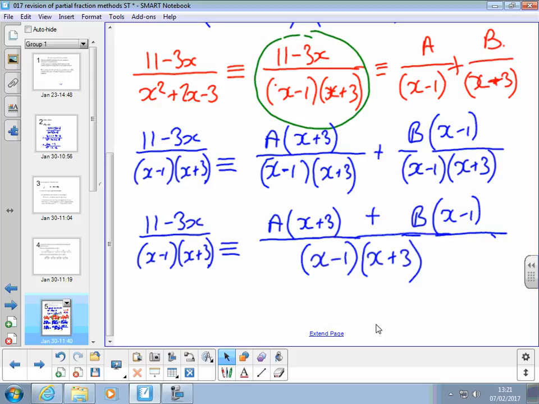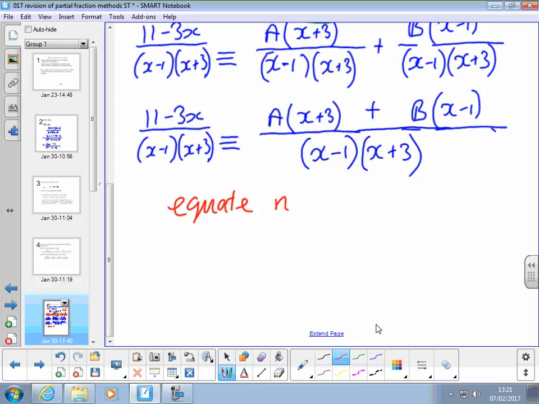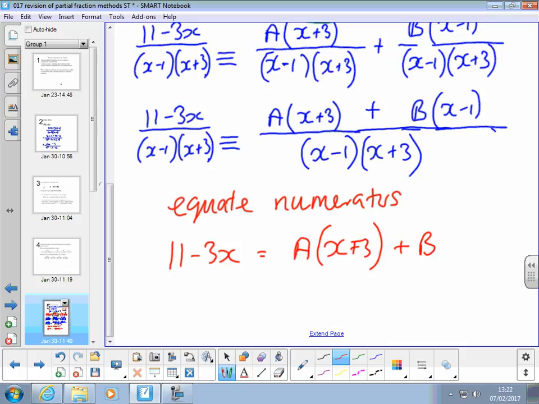That must be true, mustn't it? So what we do is equate the numerators. We say the left-hand side and the right-hand side are equal to each other, i.e. 11 minus 3x is equal to A(x plus 3) plus B(x minus 1).